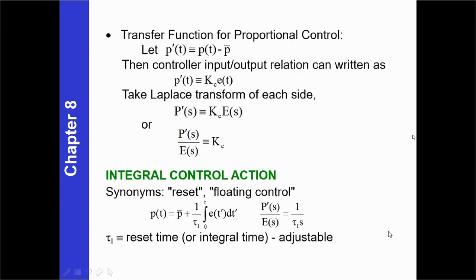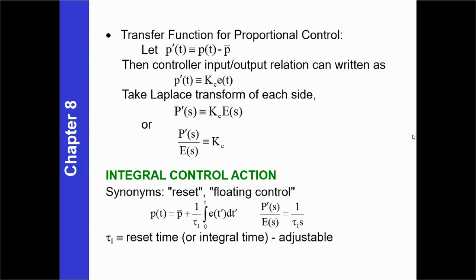For the transfer function of this type of proportional control, if you let p dash(t) equal p minus p bar, then the controller input-output relation can be written as p dash(t) equals Kc times e(t), where Kc is the controller constant and e is the error.